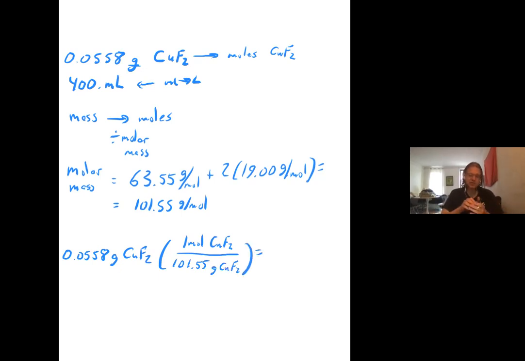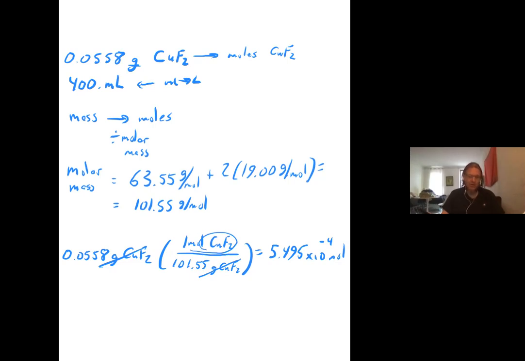So you take your 0.0558 divided by 101.55, and it's a pretty small number, so I'm going to write it in scientific notation: 5.495 times 10 to the minus 4 moles. It's moles because the grams cancel and you're left with moles. So we divide by the molar mass.